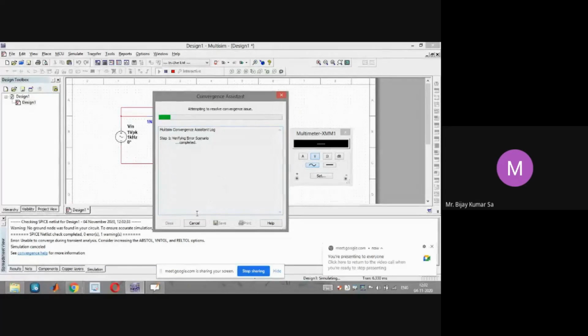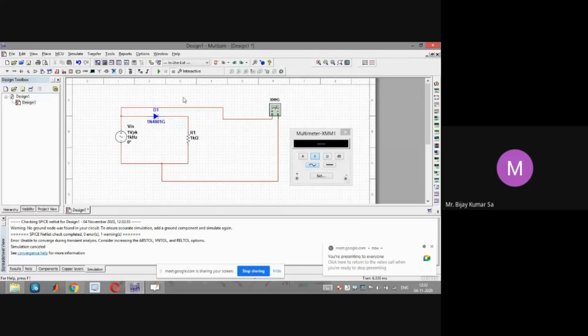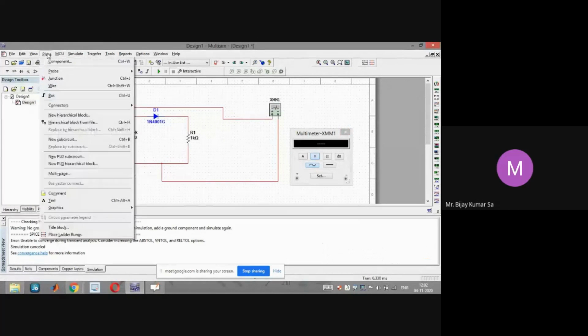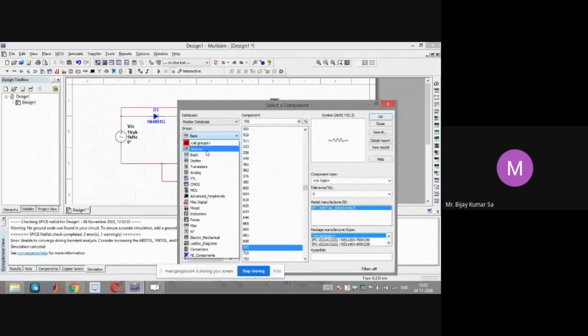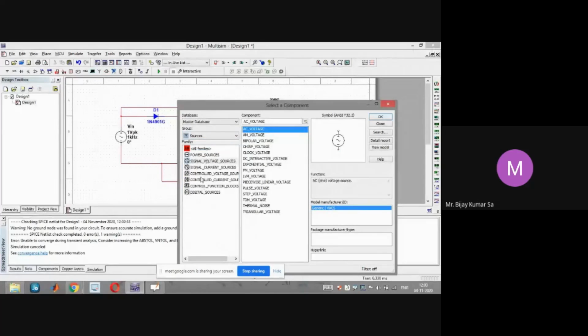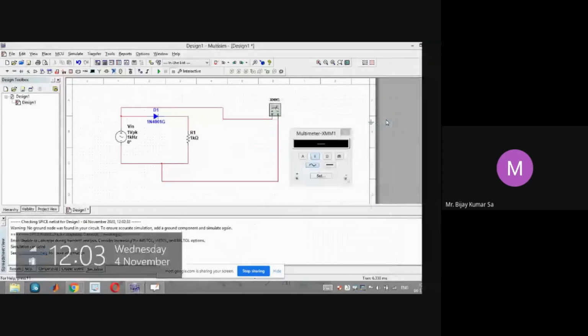Okay, there is some error. I will connect a ground somewhere. I must place some ground reference. Sources, power sources, ground.